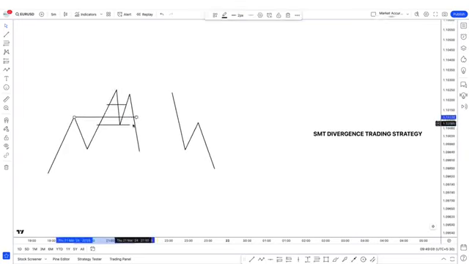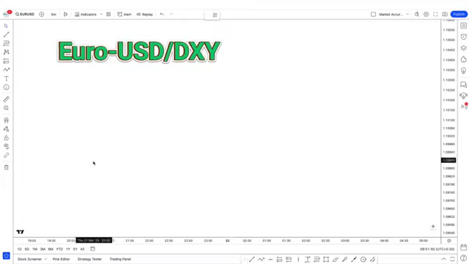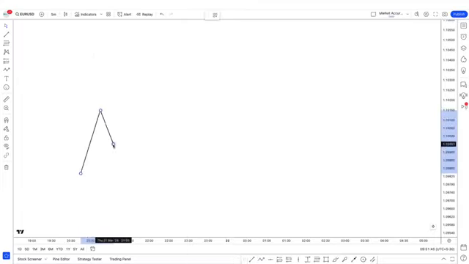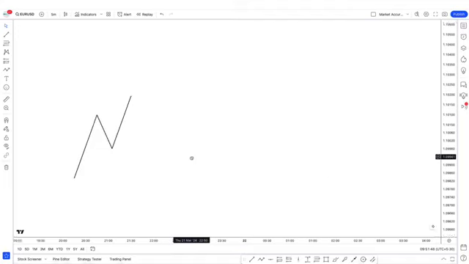Okay, so let's assume that you're looking at 2 pairs, EUR/USD and DXY. The EUR/USD makes a higher high, an ABC formation, and on DXY, you're going to have something like this. But I teach my students that you can flip the DXY chart so you don't get confused. Once you flip it, it's going to look just like any other pair.